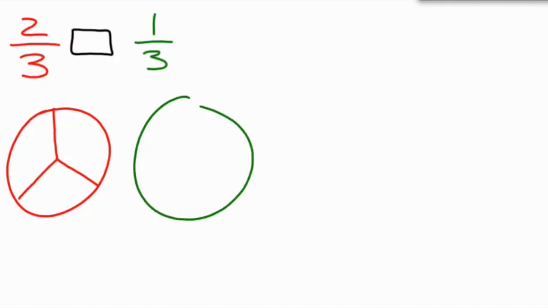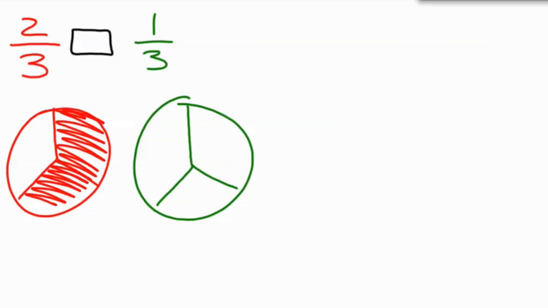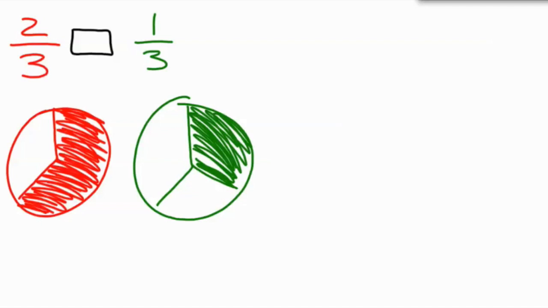Here I've drawn a circle and divided it into 3 slices, and again another circle divided into 3 slices. In the fraction 2/3, we can go ahead and shade in 2 of our 3 pieces, showing 2/3 of the region being shaded. And likewise, with 1/3, we'll take our green circle and shade in 1 of our regions. Here it is very easy to see that 2/3 is greater than 1/3.